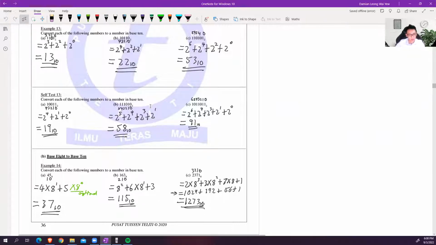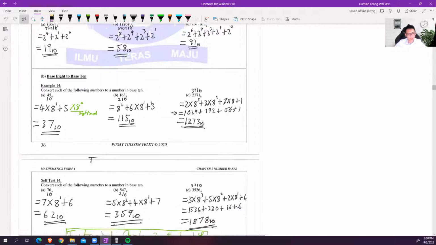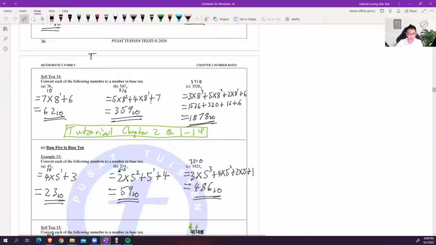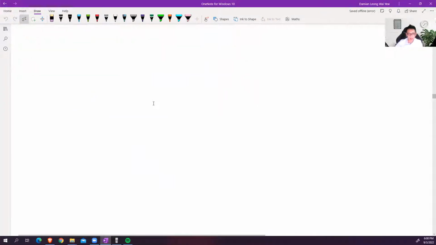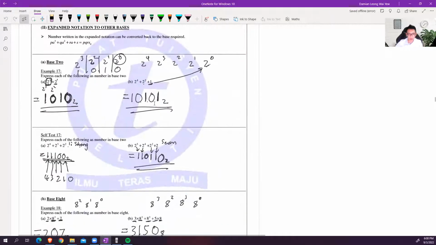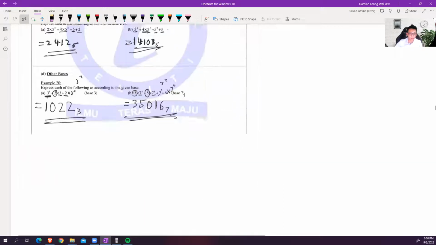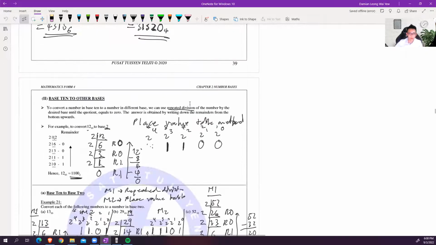Then once we get the base 10, you need to know how to convert from base 10 to any other base. So for any base, you just divide by the base that we want to convert to, and take all the remainders from bottom to top. Okay, make sure you know that.